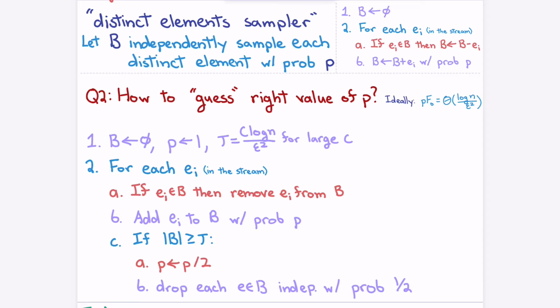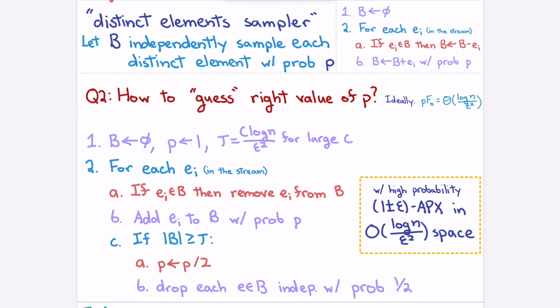You put that all together, you're now approximating distinct elements up to some epsilon error in log n over epsilon squared space. You're holding that many IDs. Exactly. That gets us to p over 2.